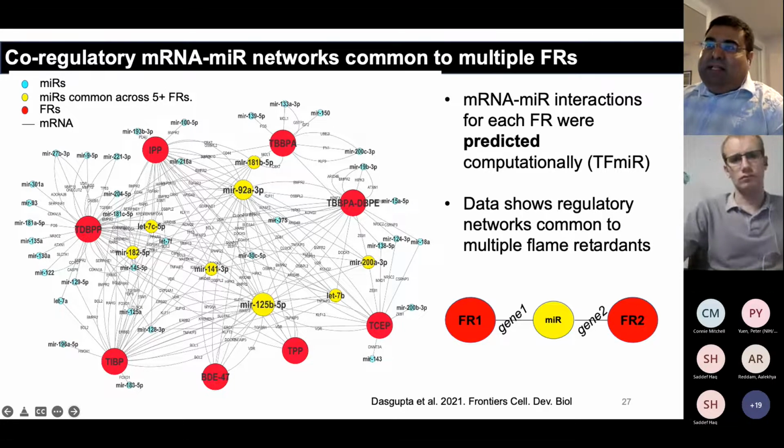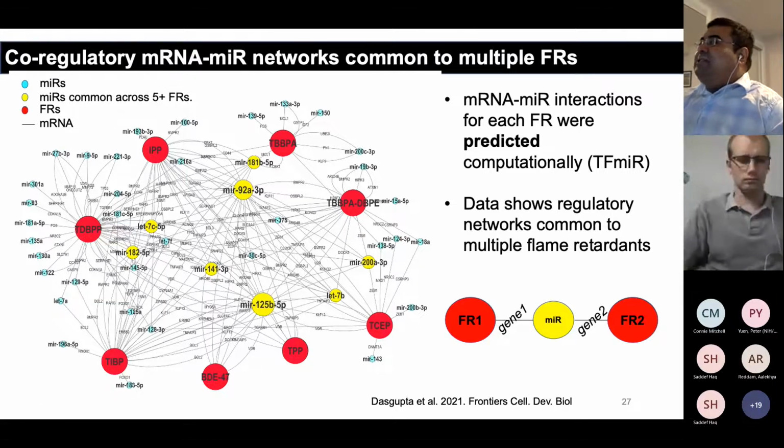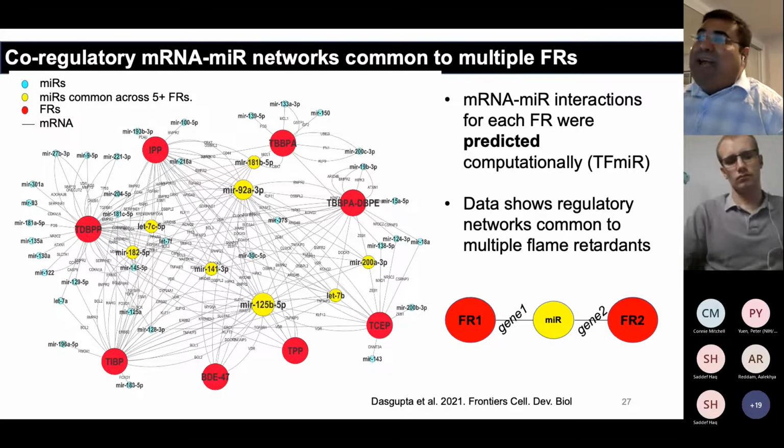And the text in the arms denote the different genes that these microRNAs are predicted to regulate. Overall, the analysis revealed an extensive set of common interactive networks between microRNAs and genes for multiple flame retardants, indicating common molecular targets and regulatory patterns.